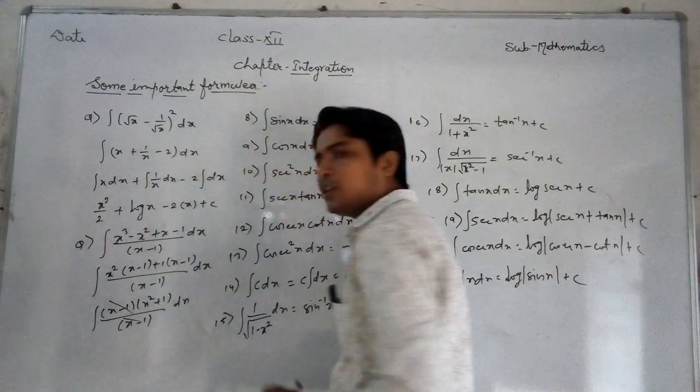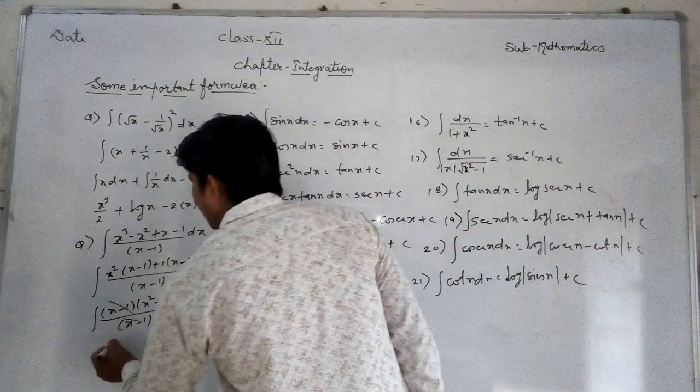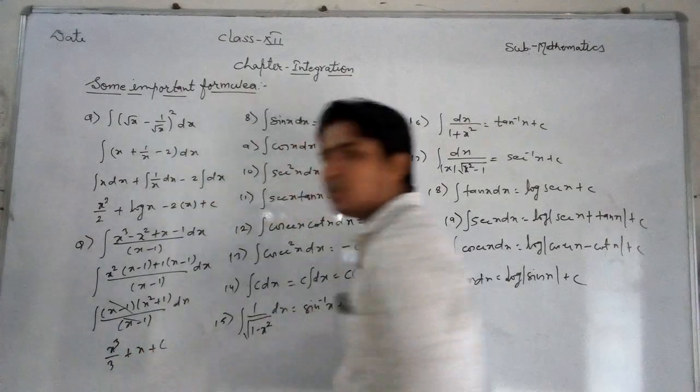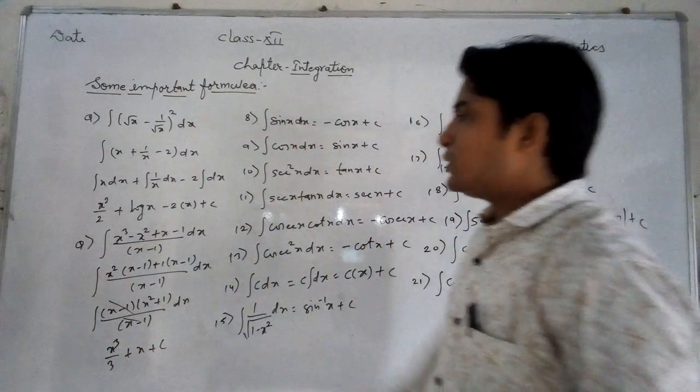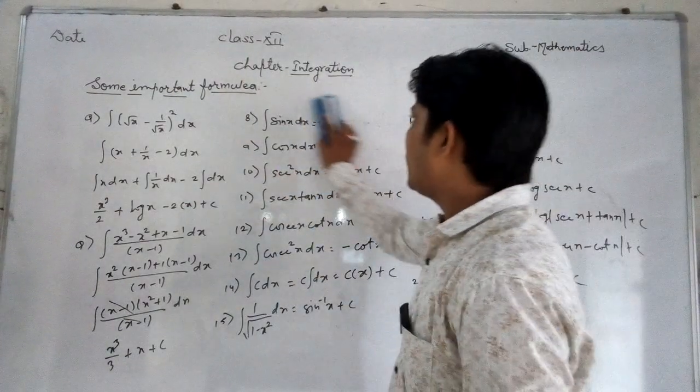Then x minus 1 cancels out, so the remaining term is x square plus 1. The answer is x cube by 3 plus x plus c. So this is our second question related to integration.